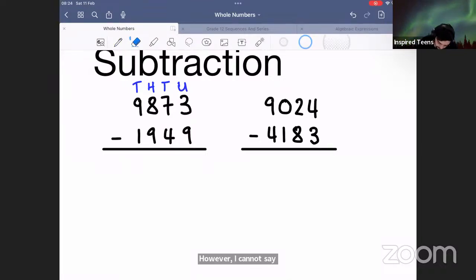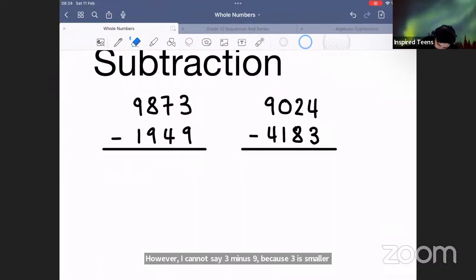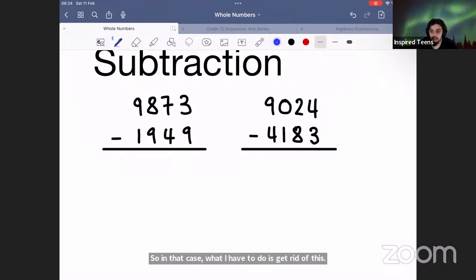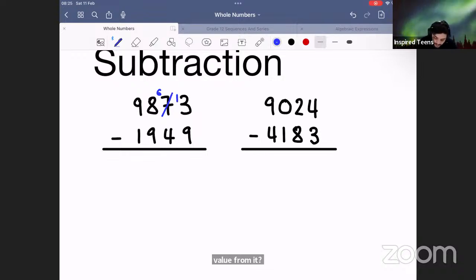So in that case, what I have to do is borrow a 10 from 7. So I will change the 7 to a 6. Why do I do that? Because I borrowed a 10 value from it. And what did I do with that 10 value? I took it over and I gave it to 3 to now make it 13.